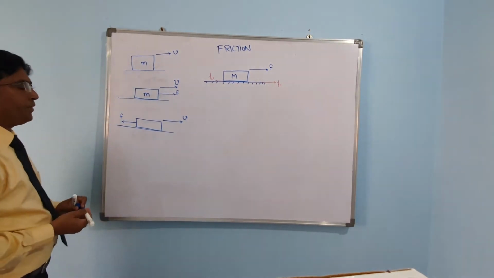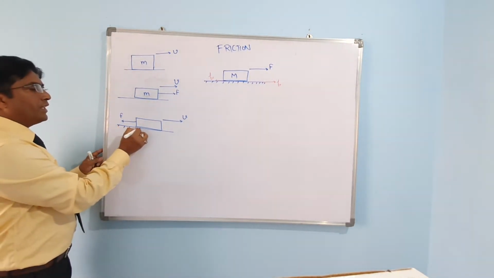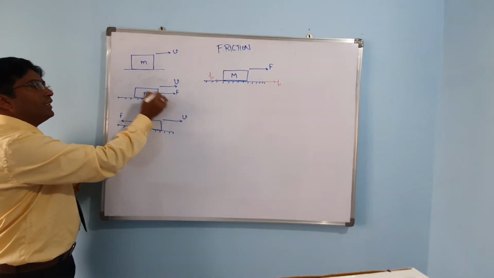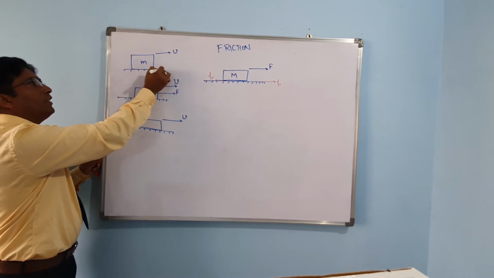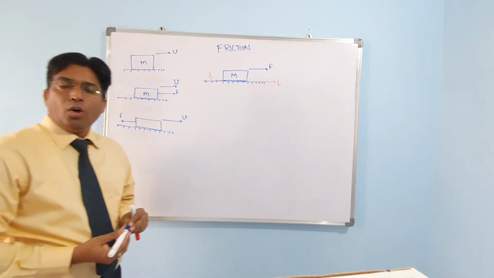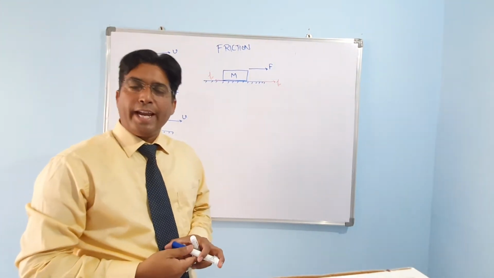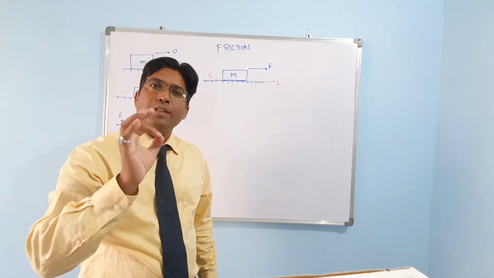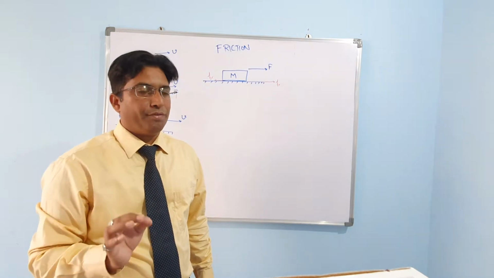So there is always a confusion among students in which direction there has to be the force of friction. Always remember one thing: friction acts in such a direction so as to oppose the relative motion between the two surfaces.